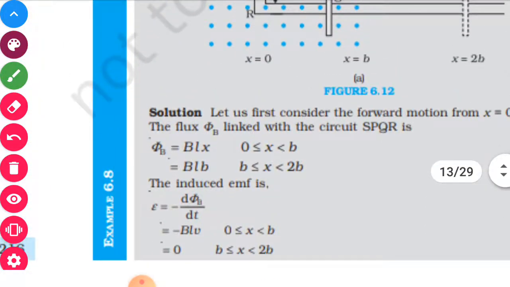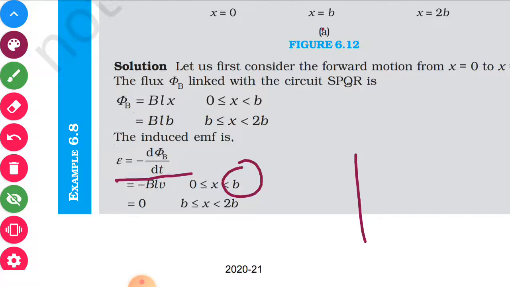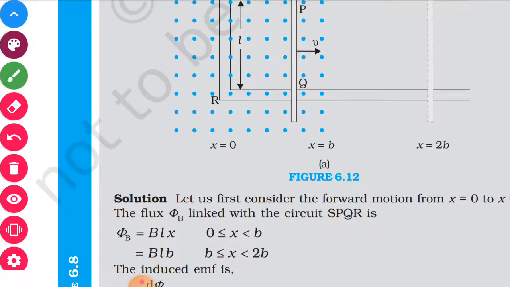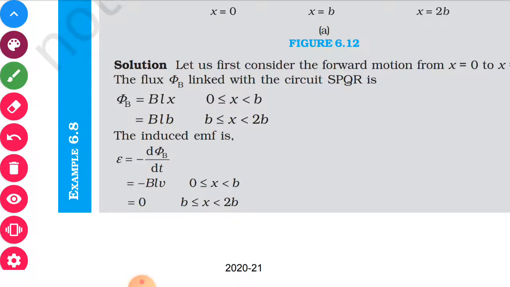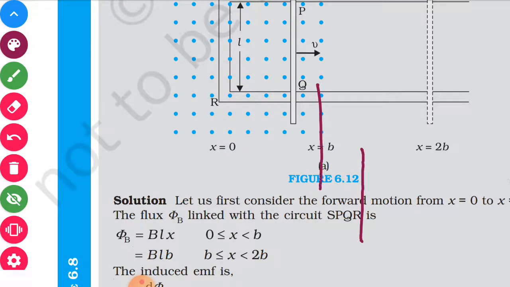Then induced EMF is minus d phi by dt, which is minus BLv, according to Faraday's law. Up to the point where the magnetic field is there, the flux changes and electromotive force is produced, and that electromotive force will be BLv with negative sign.